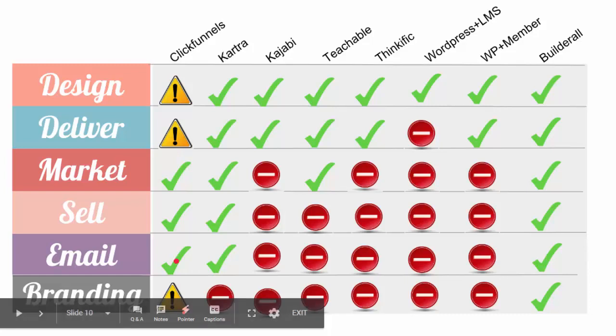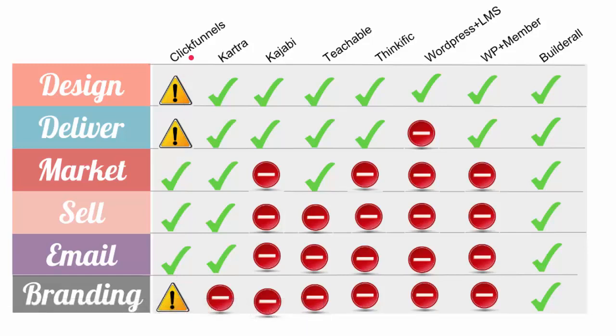I'm going to talk about price points in the next slide. And they do allow some limited branding. So Clickfunnels checks almost all the boxes, and once you get used to it, it has some great features, and you can probably work within it pretty quickly.